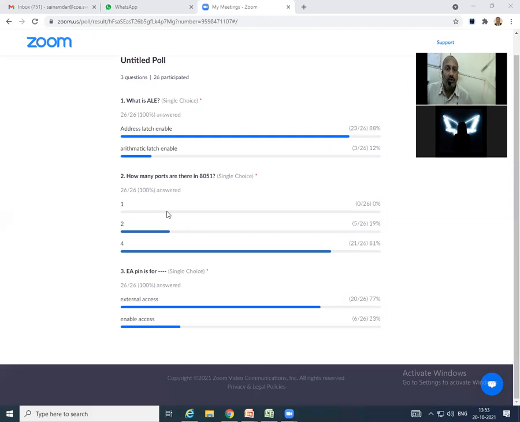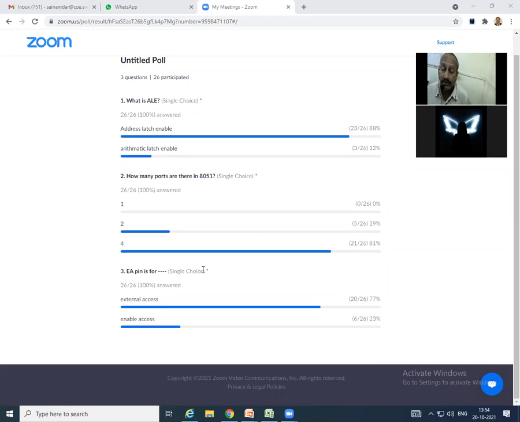The second question was, how many ports are there in 8051? The correct answer is 4 ports, that is port 0, 1, 2 and 3. If you have studied the pinout diagram, you might have gone through it. Then EA, pin 4, what is the long form? It is external access.